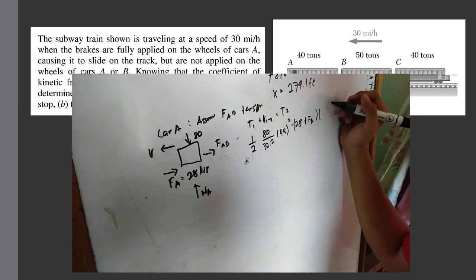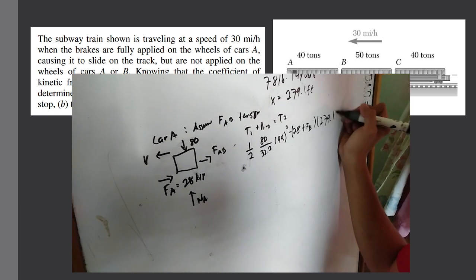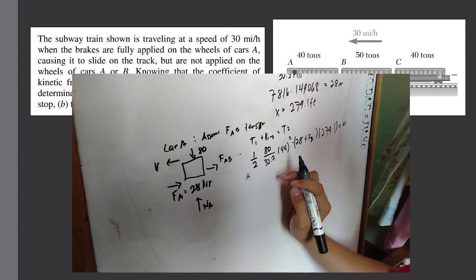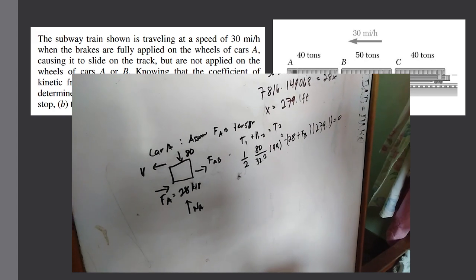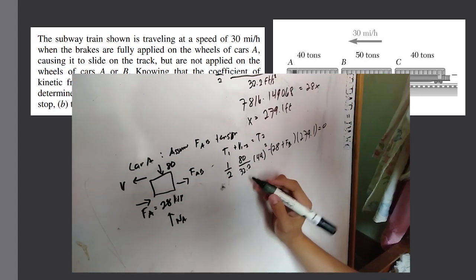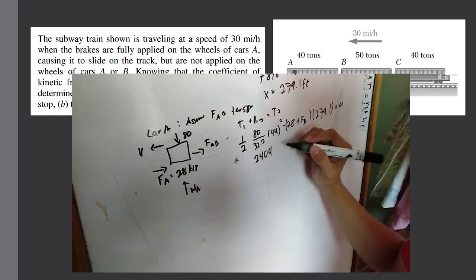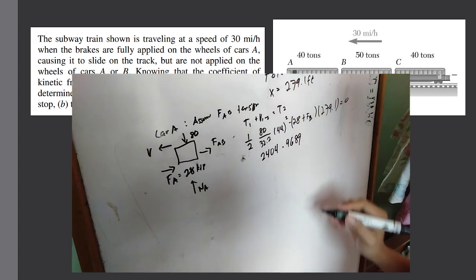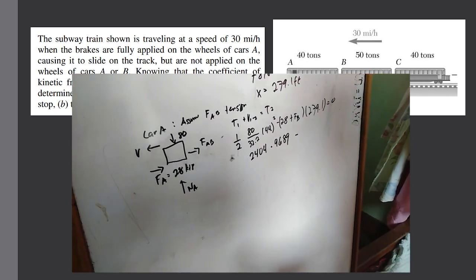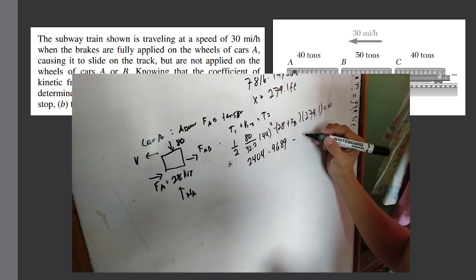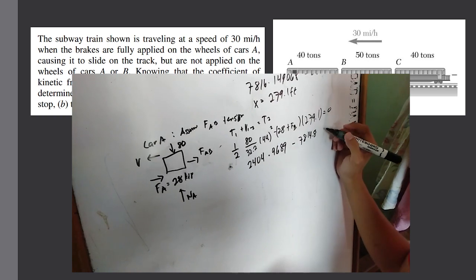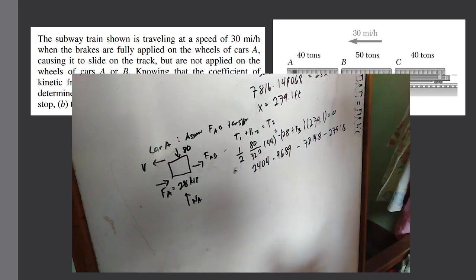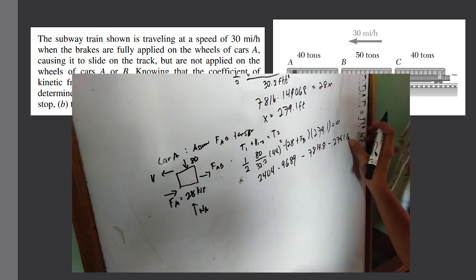times X, which is 279.1 feet, is equal to 0. So we have 2,409.689 minus 28 times 279.1, which is 7,814.8, minus 279.1 FAB.